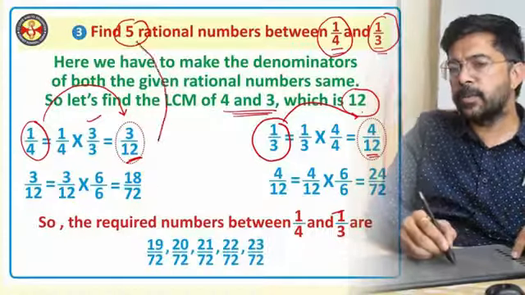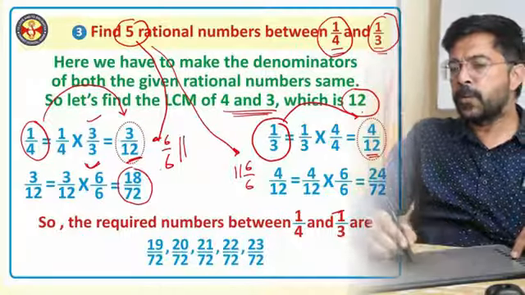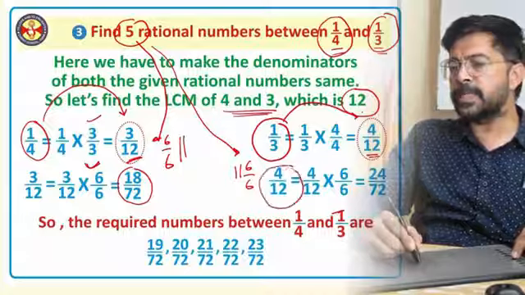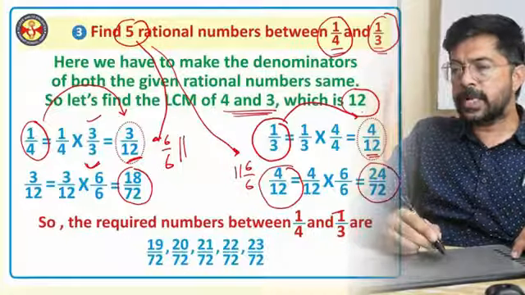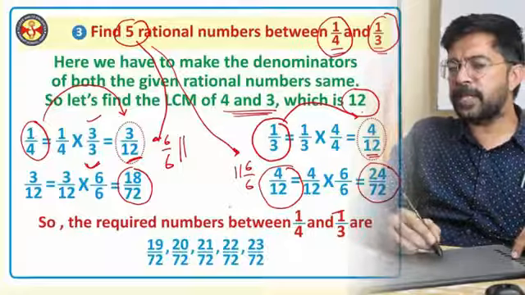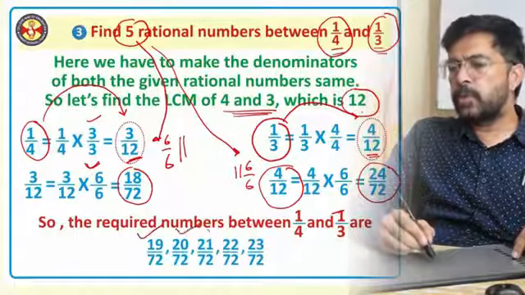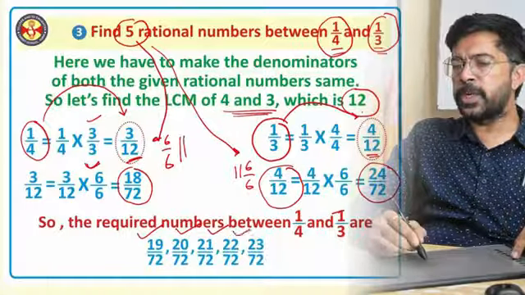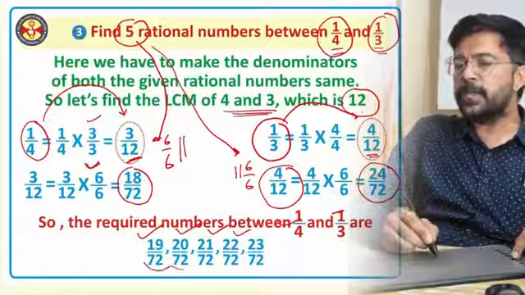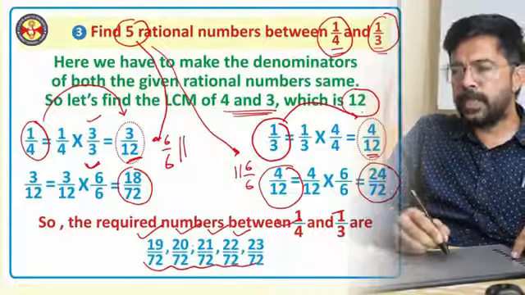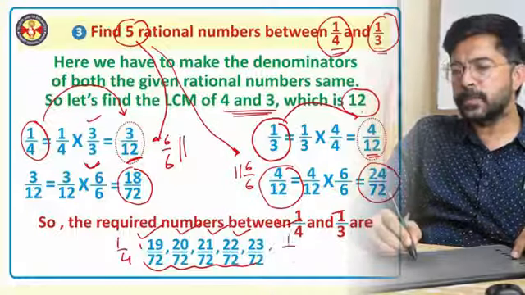So 3 upon 12 multiplied by 6 upon 6 becomes 18 upon 72. 4 upon 12 multiplied by 6 upon 6 becomes 24 upon 72. Now easily we can find 5 rational numbers. So 19 upon 72, 20 upon 72, 21 upon 72, 22 upon 72, 23 upon 72. So these are 5 rational numbers between 1 upon 4 and 1 upon 3.